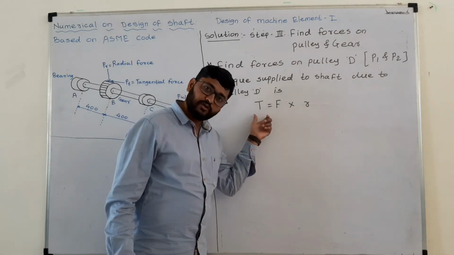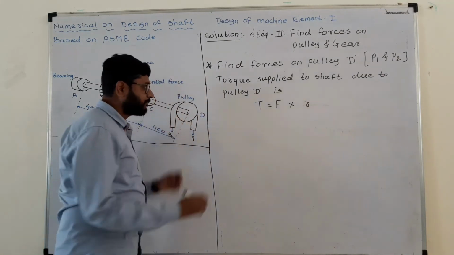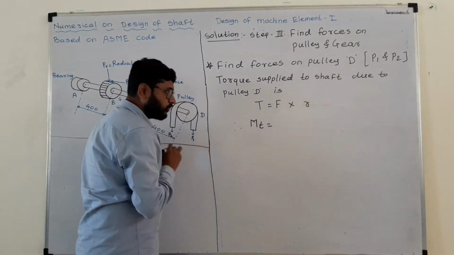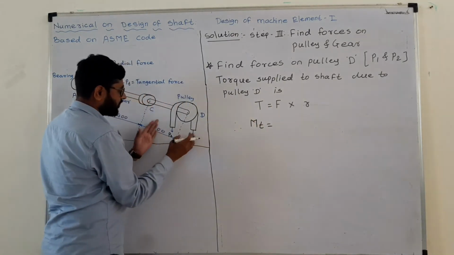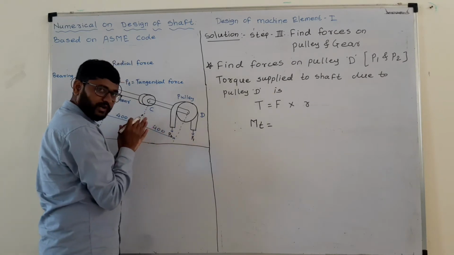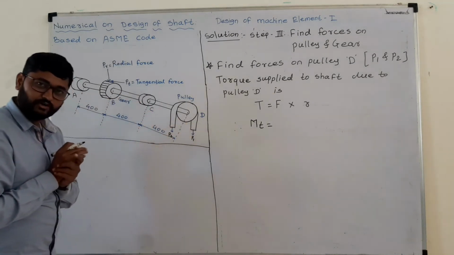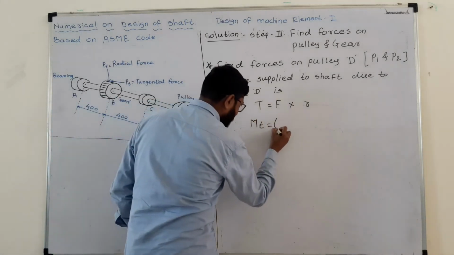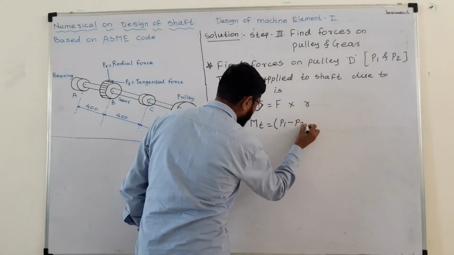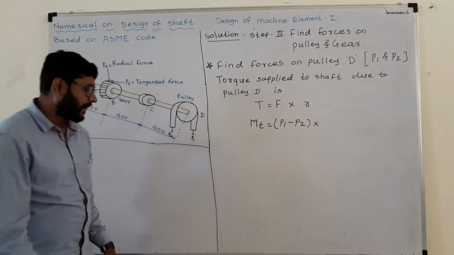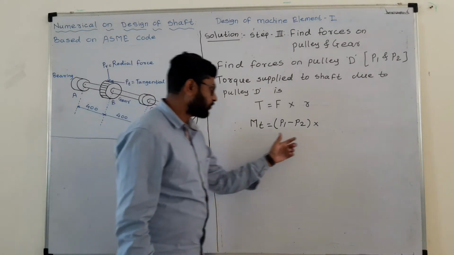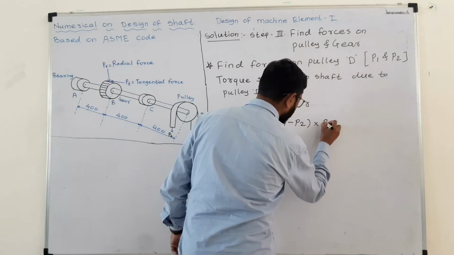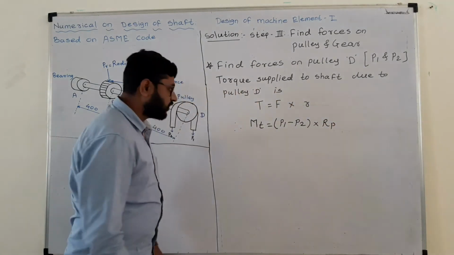Apply the same equation here for pulley D, then we get MT equal to force, which is the force acting on the belt. The forces acting on the belt are P1 and P2, so we consider the force as P1 minus P2, into the radius of the pulley.